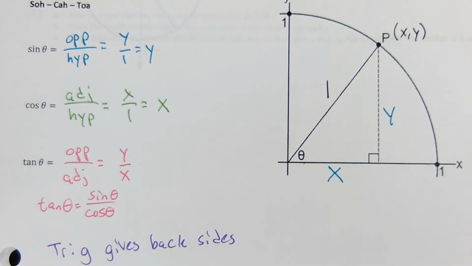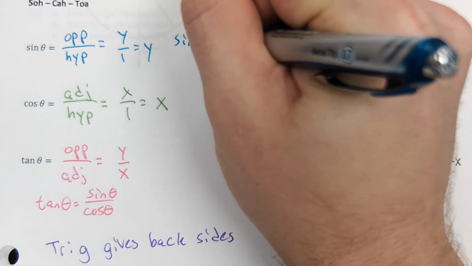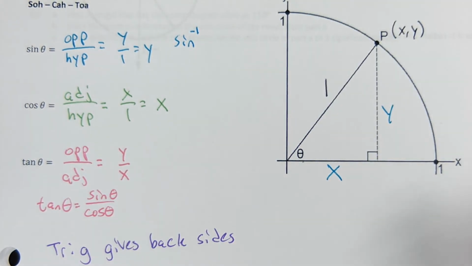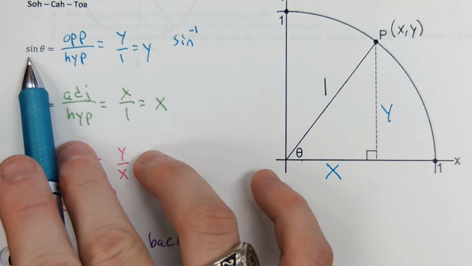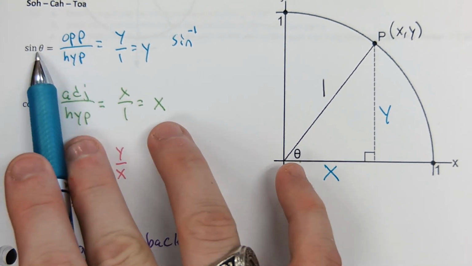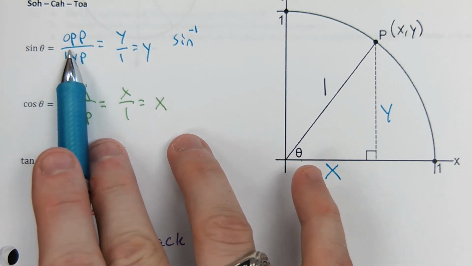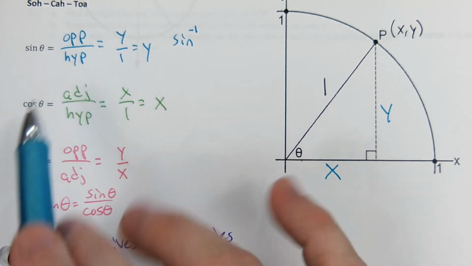So sine inverse, I'll do it in blue so they match, looks like this. Don't say sine to the -1, please. No, that's sine inverse. It's the function that cancels the sine function, meaning it could be done on both sides of an equation. So if I took sine inverse here of both sides, it will give me sine inverse of the side lengths.